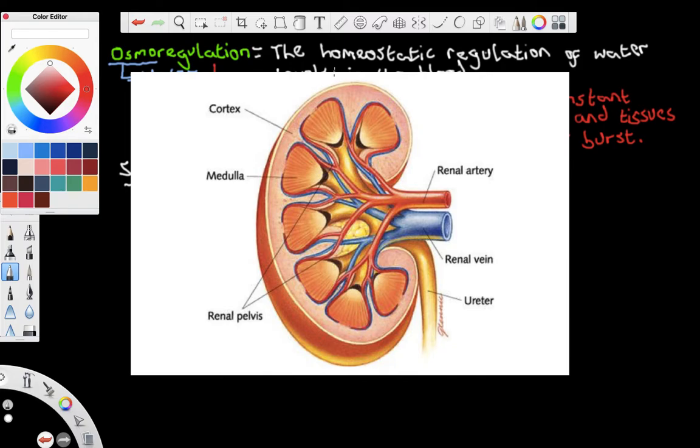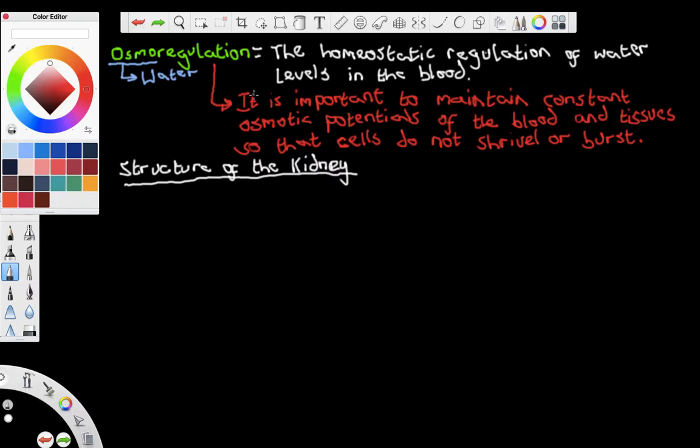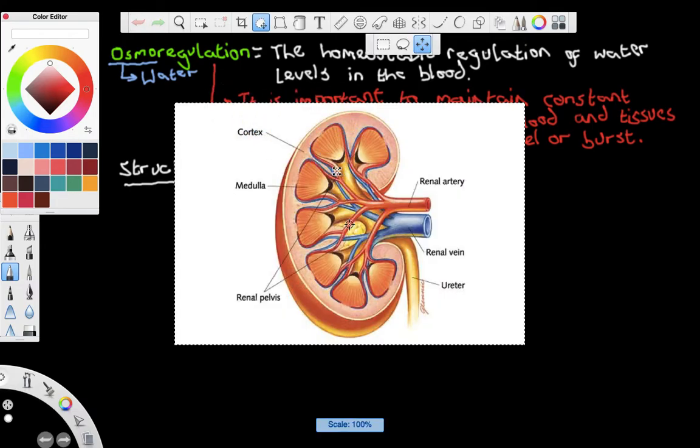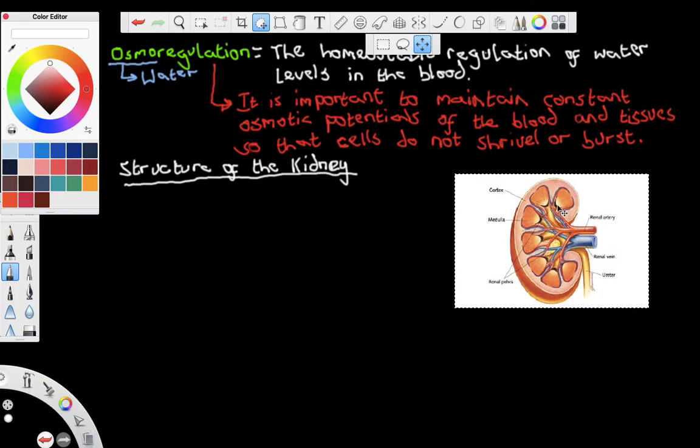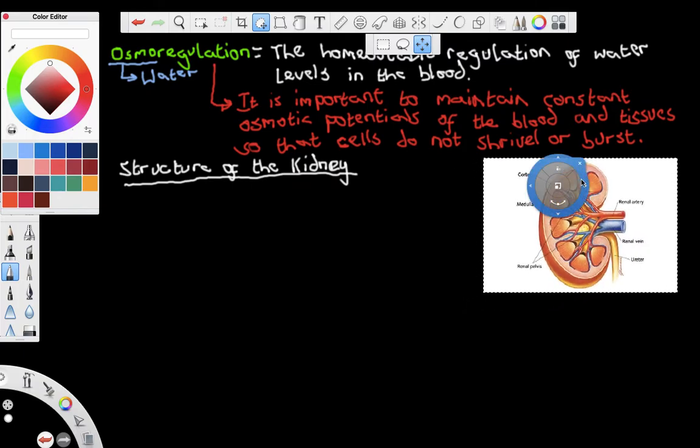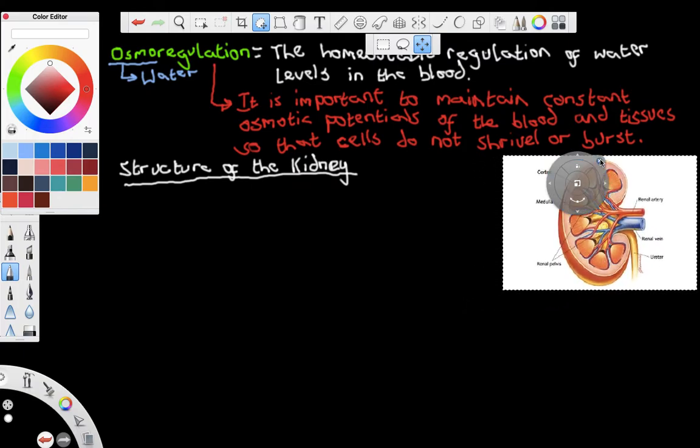So, we can get this written down. I'm going to make that picture a bit smaller. If you want to see it, it is on the PowerPoint for you to peruse.